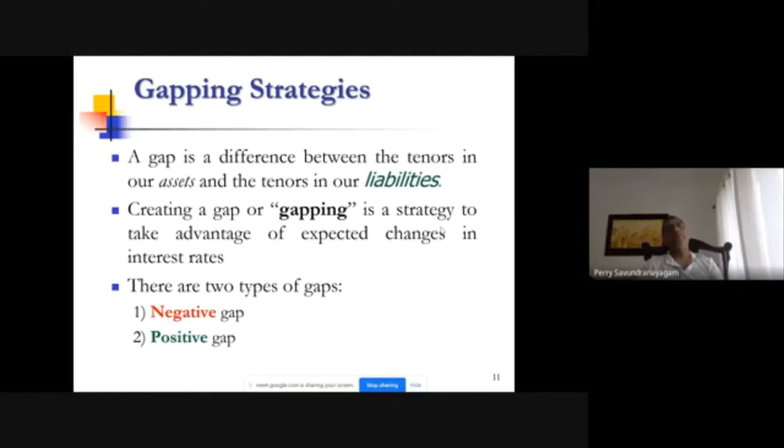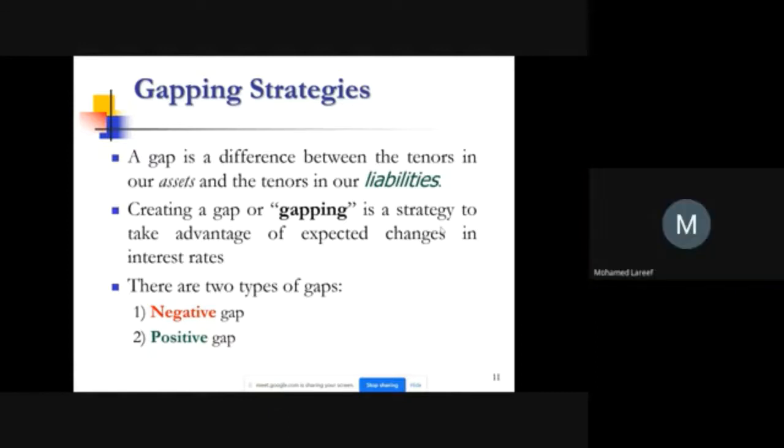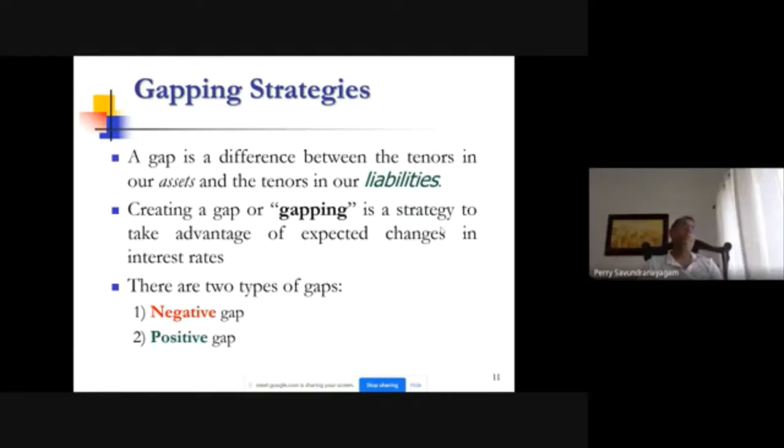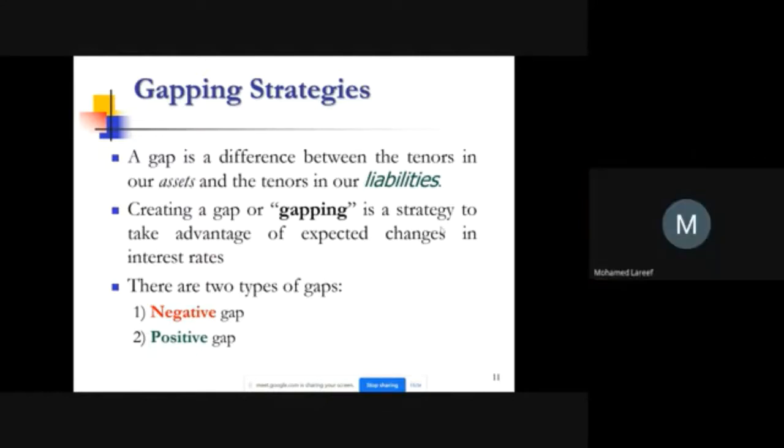That's one aspect. But how does your view on interest rates play into this? What is your view on interest rates for that particular increase in interest rates? So if you are expecting interest rates to increase, then why are you still having short-term liabilities? So then we need to pay a lower rate for longer term.